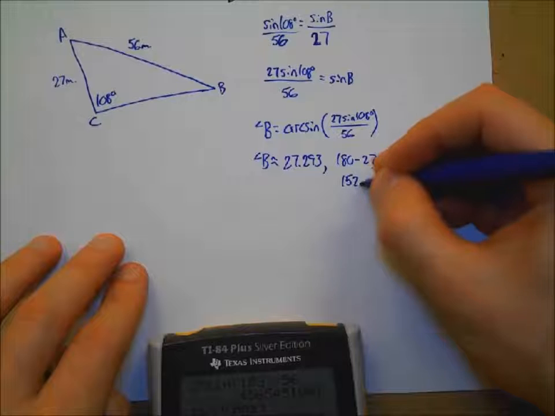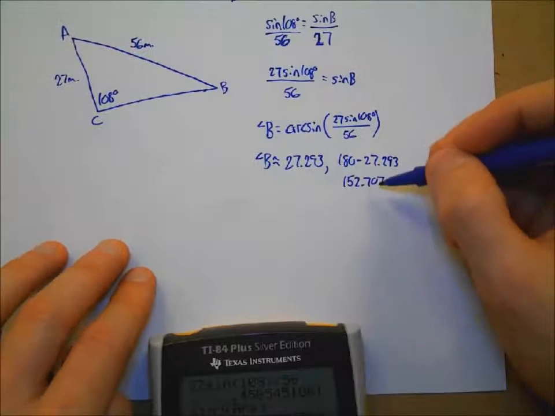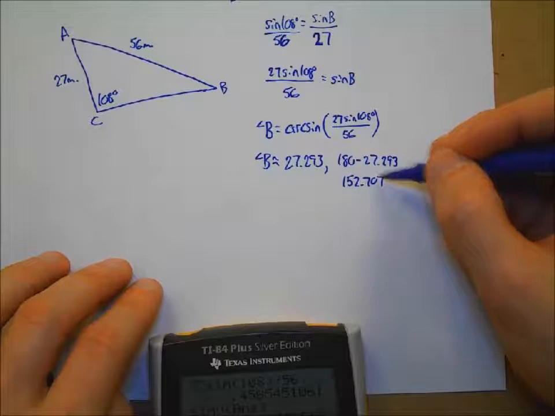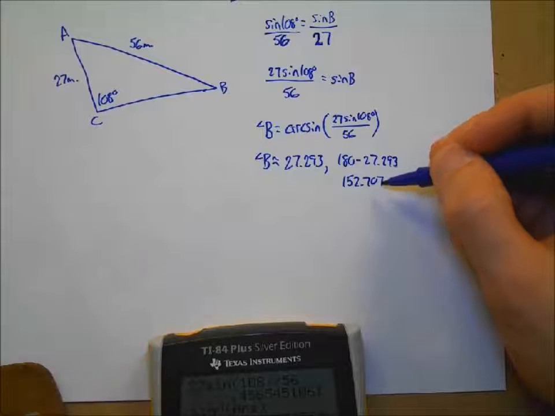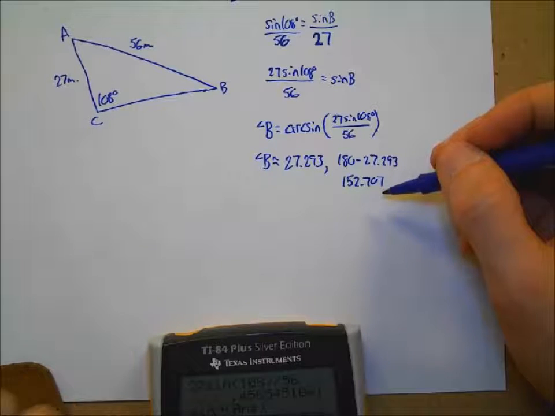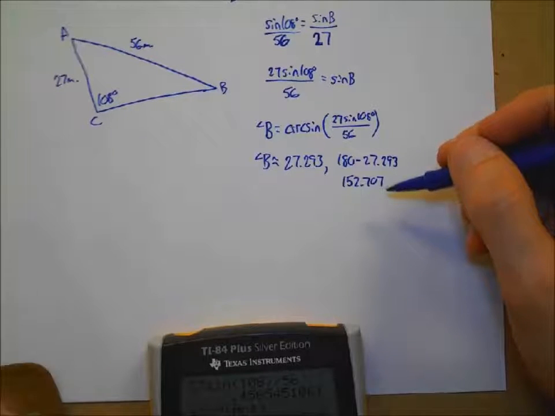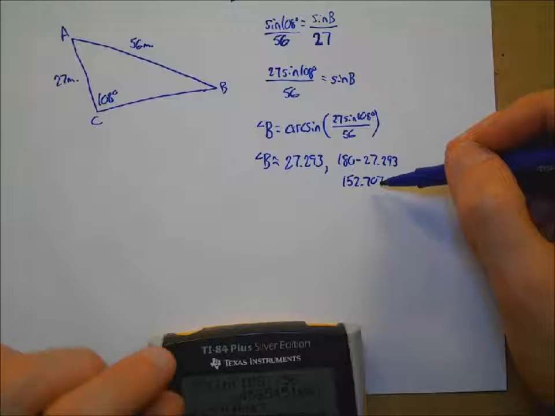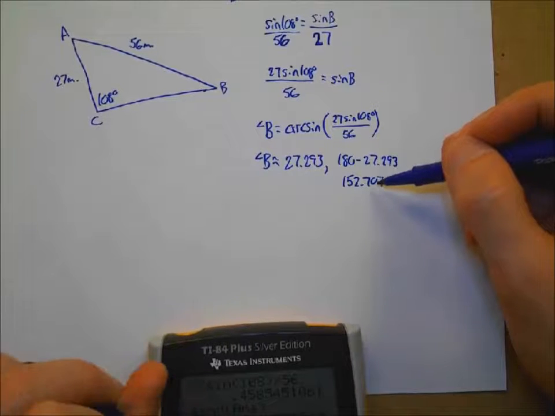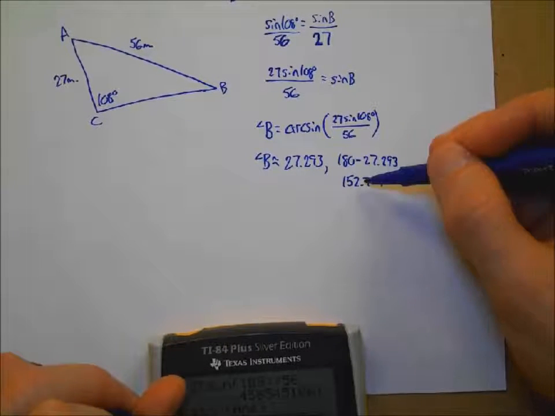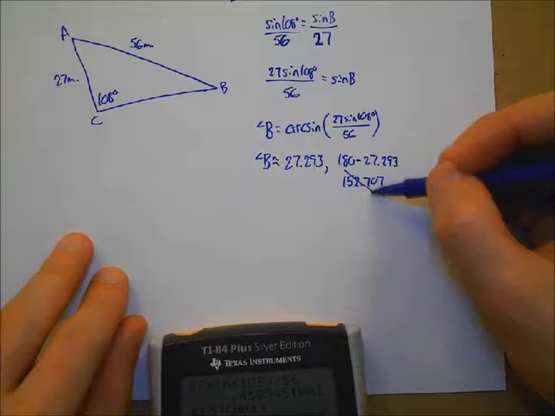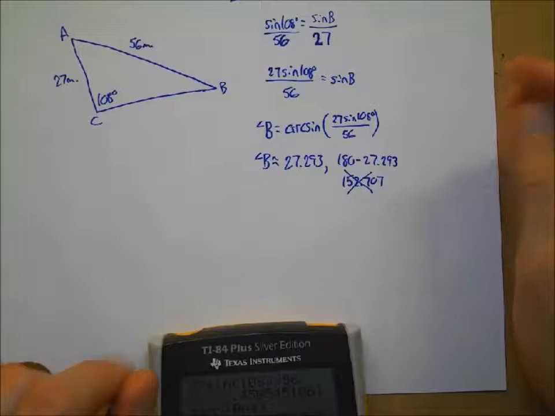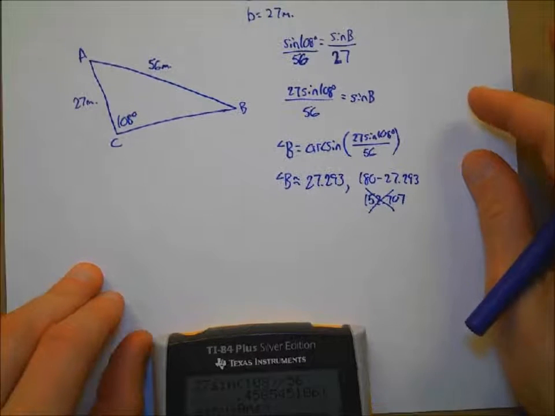And you get 152.707. Okay, so is 152.707 a possible angle inside of a triangle? Inside of a generic triangle, yes, right? 152.707 is a possible angle in a triangle. But in our triangle specifically, will this angle work? No. So how many triangles exist given this information? Just one.